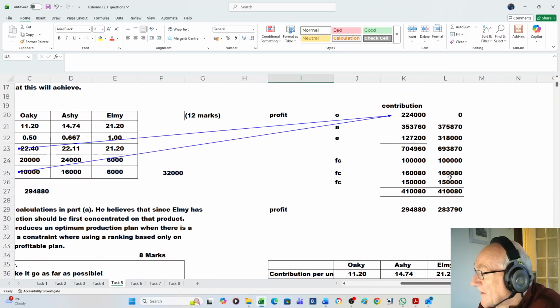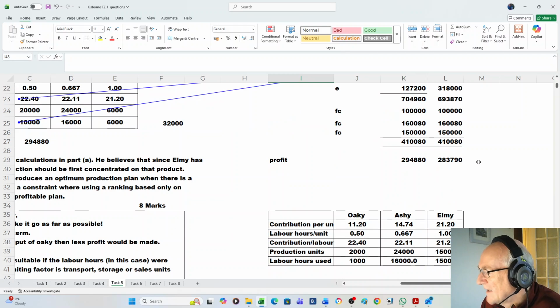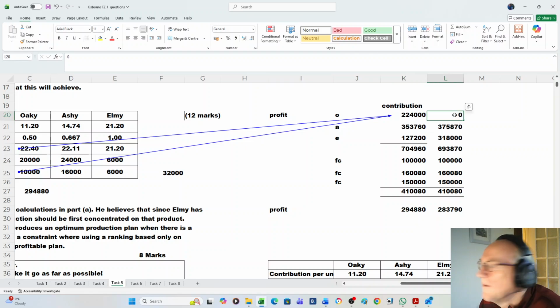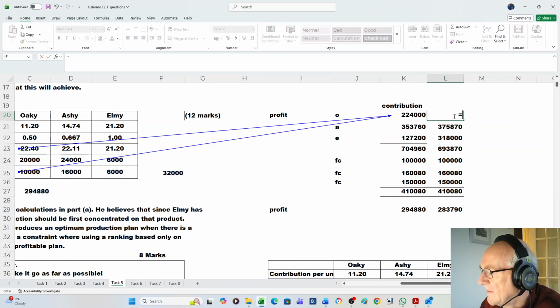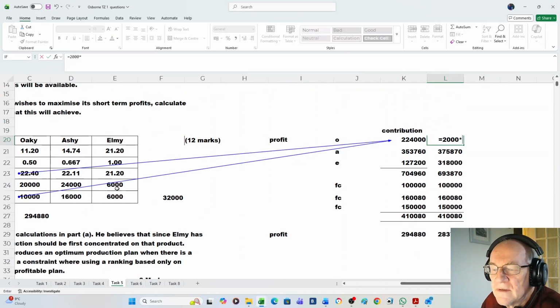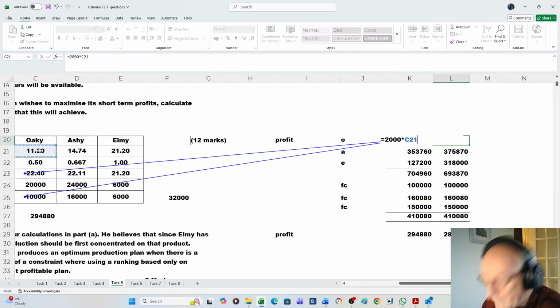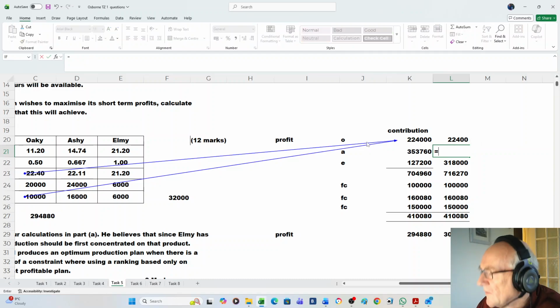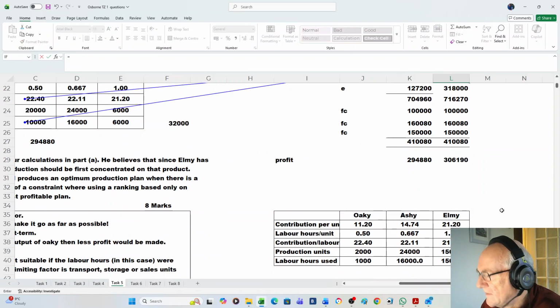Now, I had done the calculations up here. So Elmi, that's okay. Oki would now be 2,000 times the contribution per unit. And this one will now be 24.